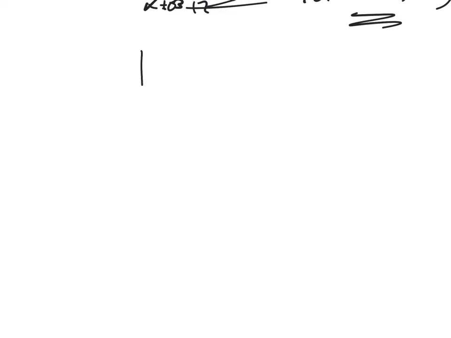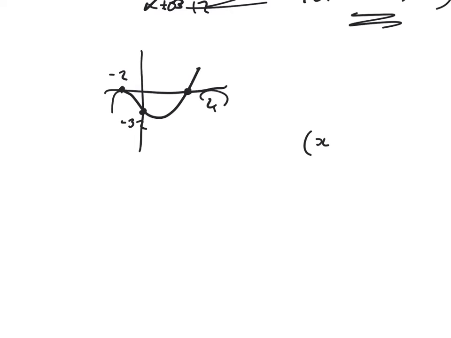Okay, let's try another. This time we've got equal roots at minus 2. We've got a root at 4 and we're passing through the y-axis at minus 32. So the root of 4 comes from the bracket x minus 4.